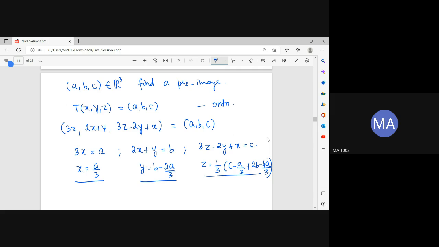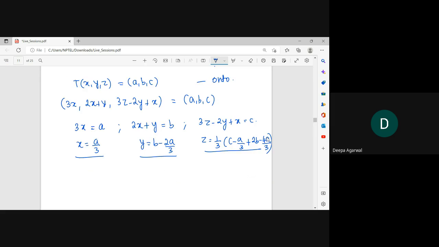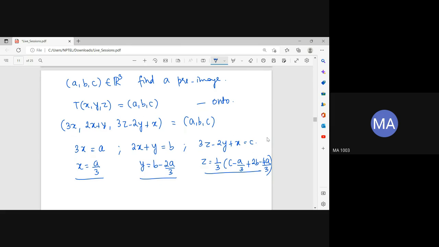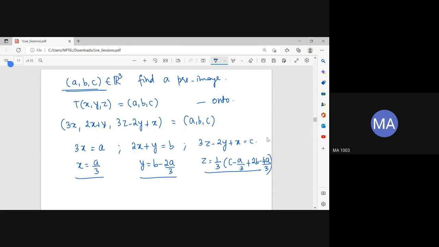One of them is not onto. Ma'am, if we can find out the value of x, y, z in terms of a, b, c, then it's always onto. Because for any a, b, c, you are finding an x, y, z satisfying this condition, right? Okay. Then it is onto, right? For any a, b, c, you're finding a pre-image, right?